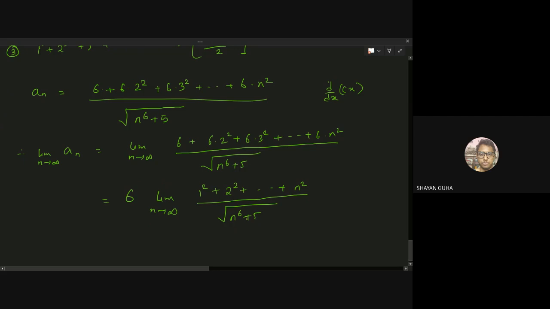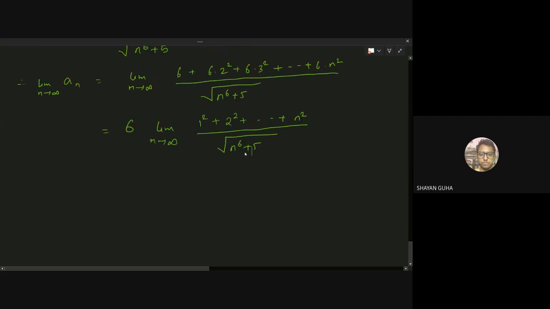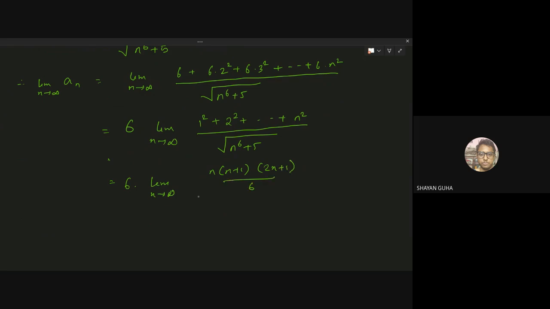Now as I have written, I can write it as the limit as n tends to infinity of n into n plus 1 into 2n plus 1 by 6, this total divided by root over of n to the power 6 plus 5.